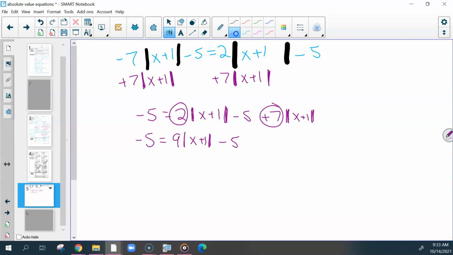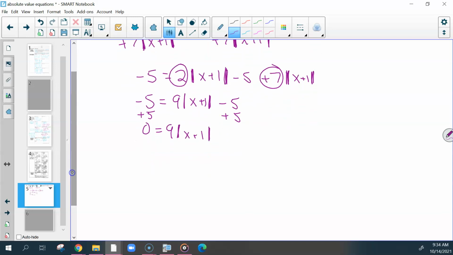Say that again. Yeah, so if I start solving this, I get 0, which is fine. I would divide both sides by 9. What is 0 divided by 9? Yeah.